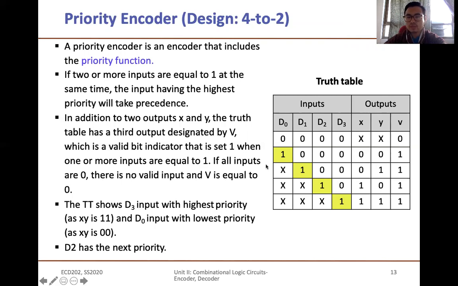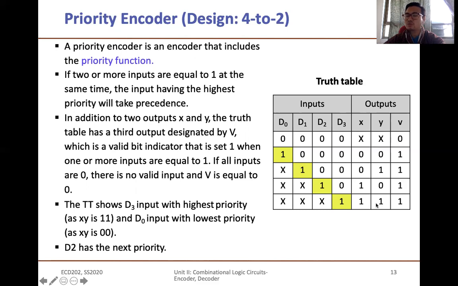So if you compare, for example, when D0 is high, your output is 0, 0. And when D3 is high, your output is 1, 1. So when you give inputs D0 and D3 high at the same time, your output display will be from D3 because of the highest priority, 1, 1.